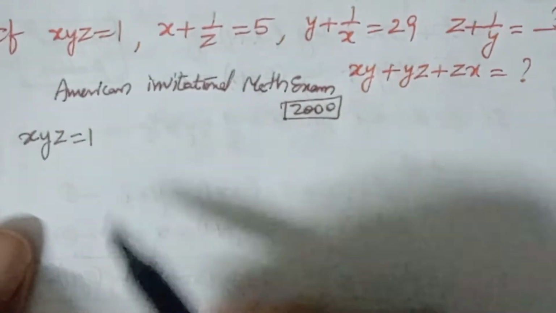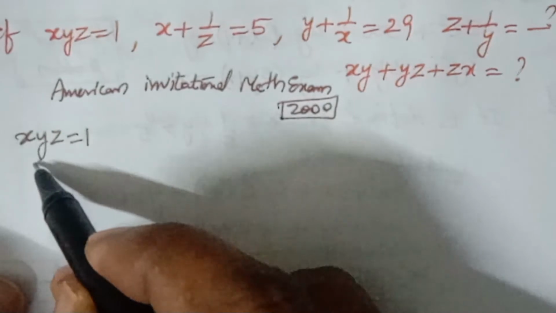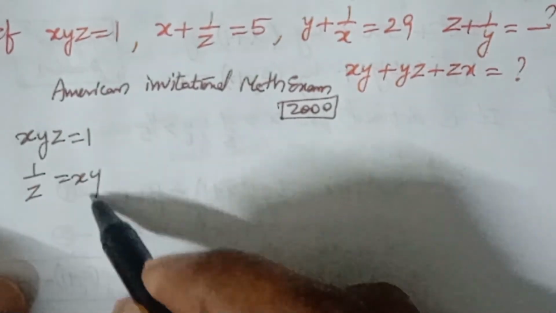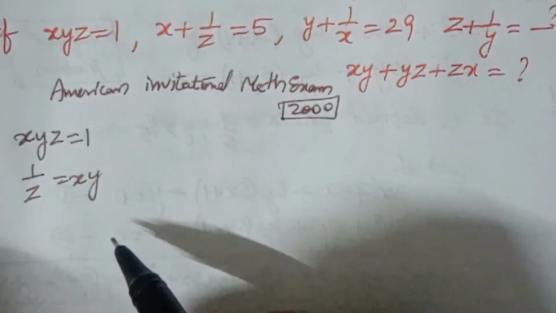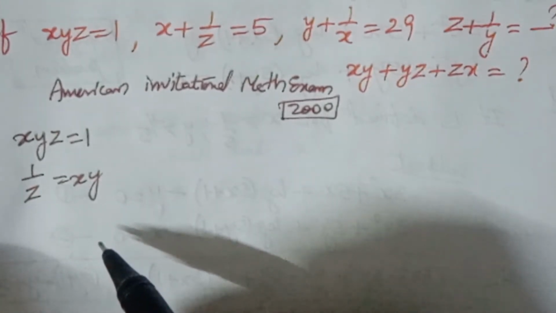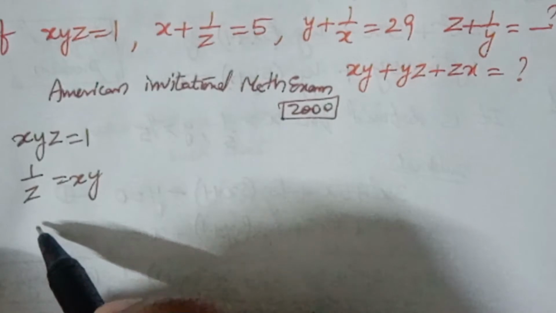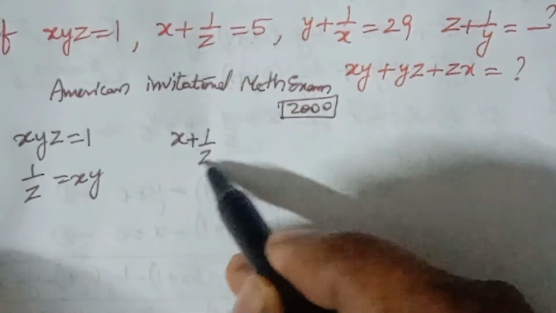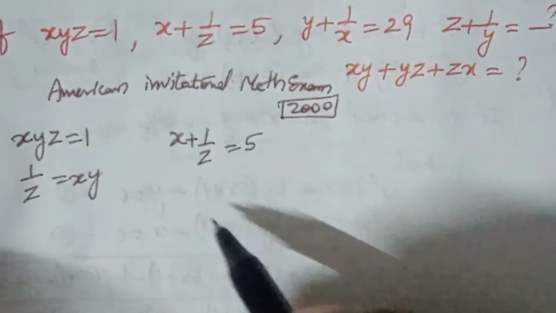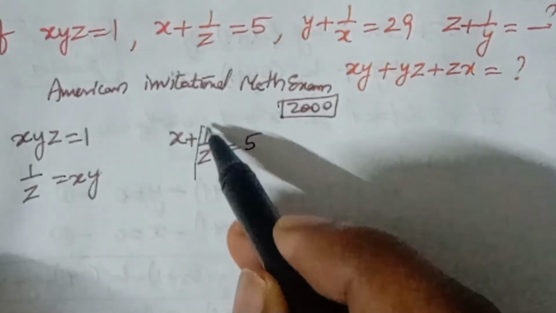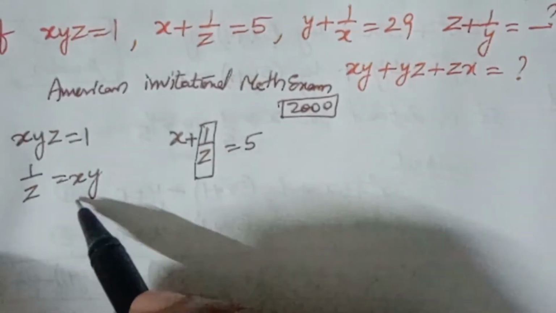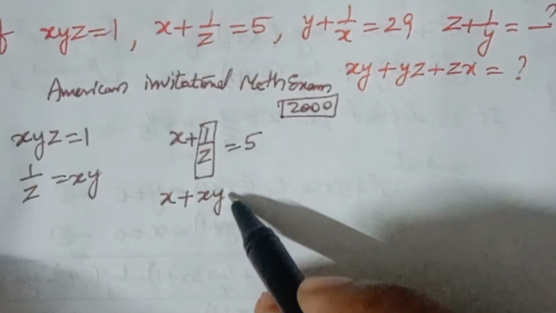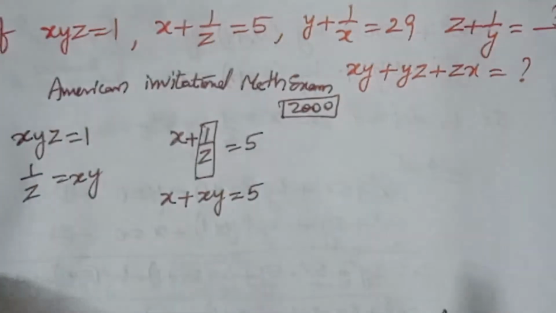xyz is equal to 1. From this, 1 by z is equal to xy. Substitute this value in the first equation, x plus 1 by z is equal to 5. In the place of 1 by z, write xy. So x plus xy is equal to 5.